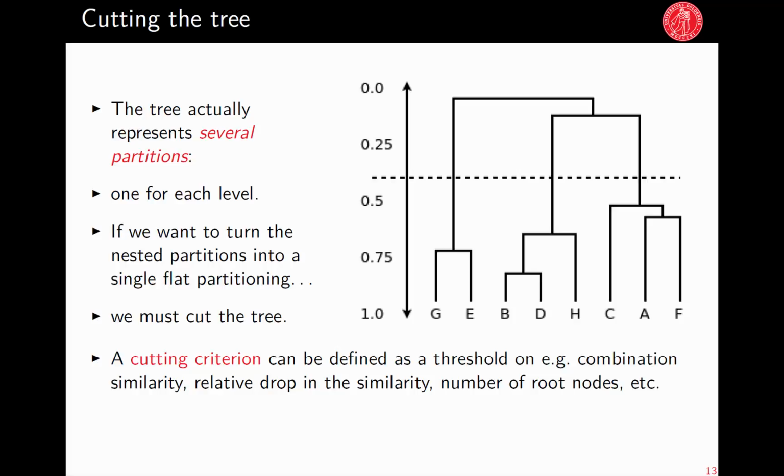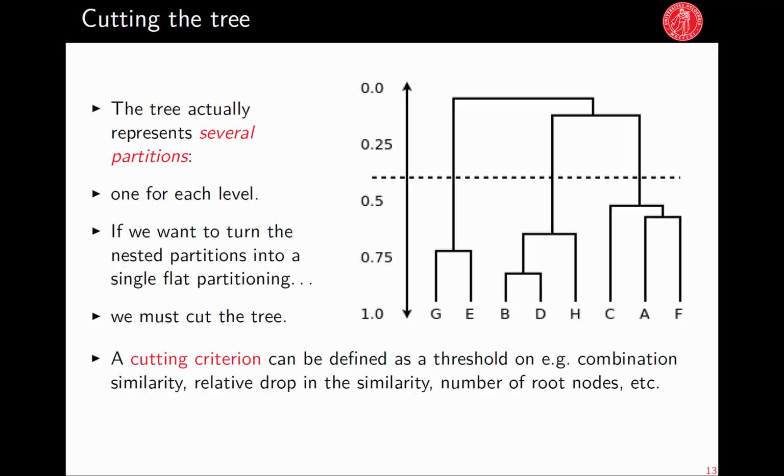So we could define several different criteria for doing this cutting. We could say that we only want to accept clusters that have been merged under some given threshold for the similarity measure, for example. So say that any clusters that have a similarity score lower than 0.4 or 0.5 or what have you should be discarded.